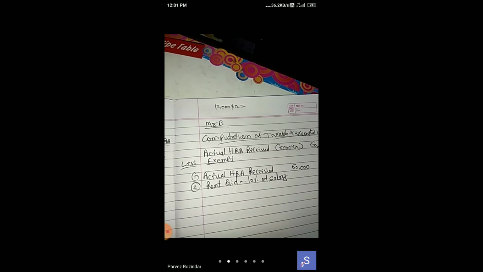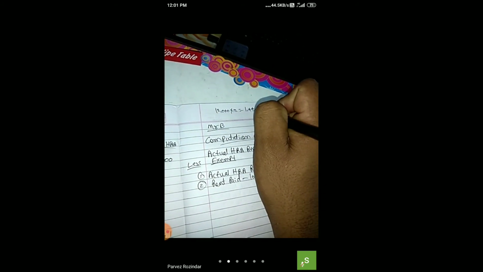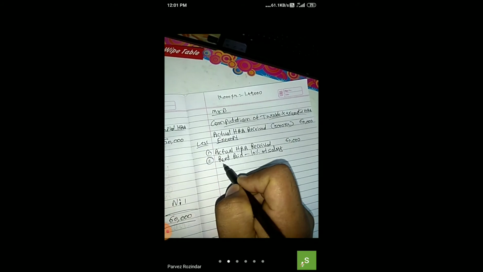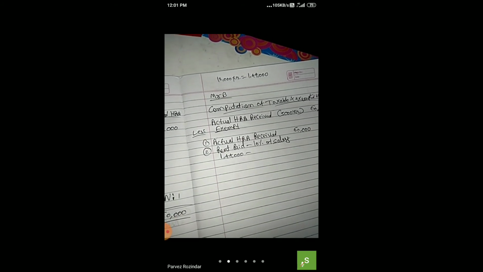So how much you will get? 1,44,000. So this is the correct amount. 1,44,000 minus, now salary.